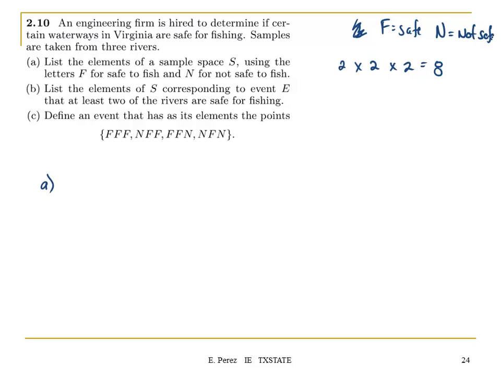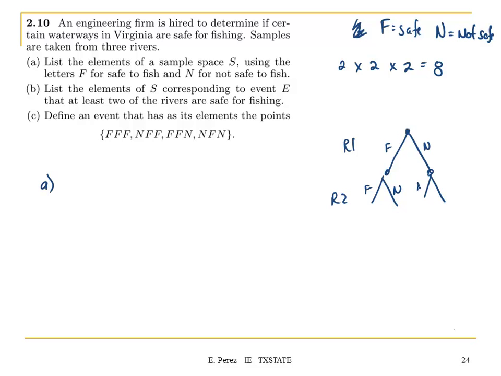Okay, so we can list the outcomes using a tree. For the first river, this is river 1, we have safe and not safe. For the second river, this is river number 2, we have safe and not safe.